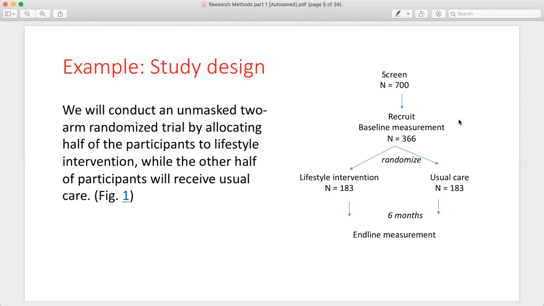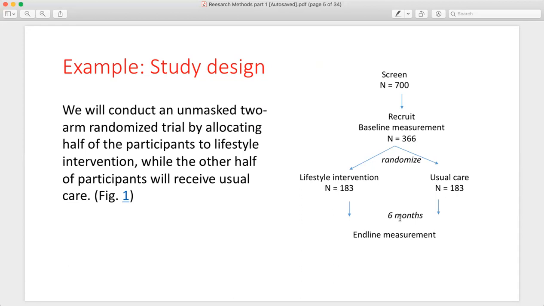So we've also provided figure 1 in this study, and I highly recommend to always include a flow chart or a design chart for a randomized trial. So for example, in this study, we were targeting to screen 700 participants, and out of those, we hope that 366 would meet the eligibility criteria, and then we would randomize them into a lifestyle intervention or usual care.